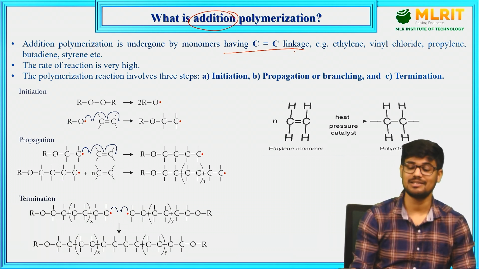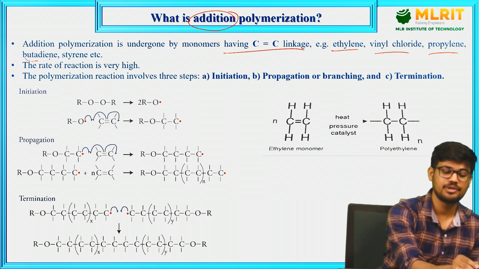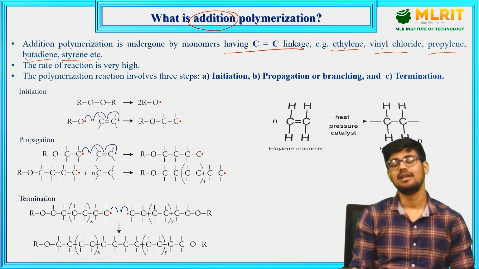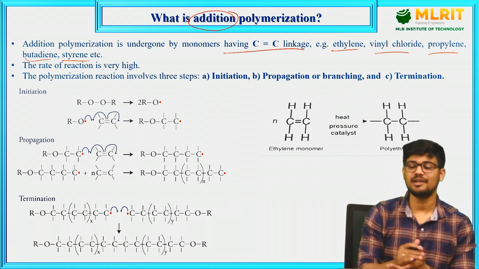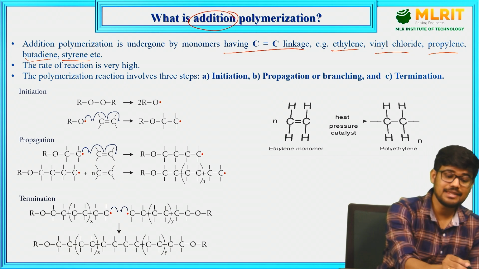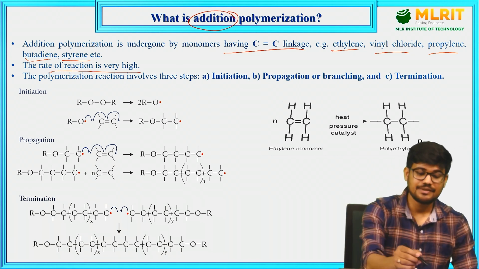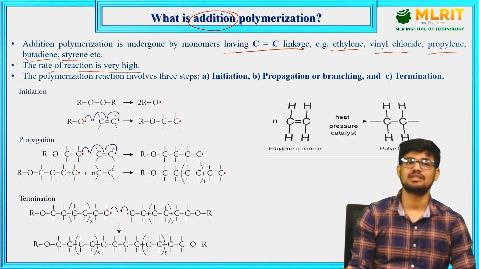For example, ethylene, vinyl chloride, propylene, butadiene, styrene, all these can participate in the polymerization reaction because they have a C=C double bond.